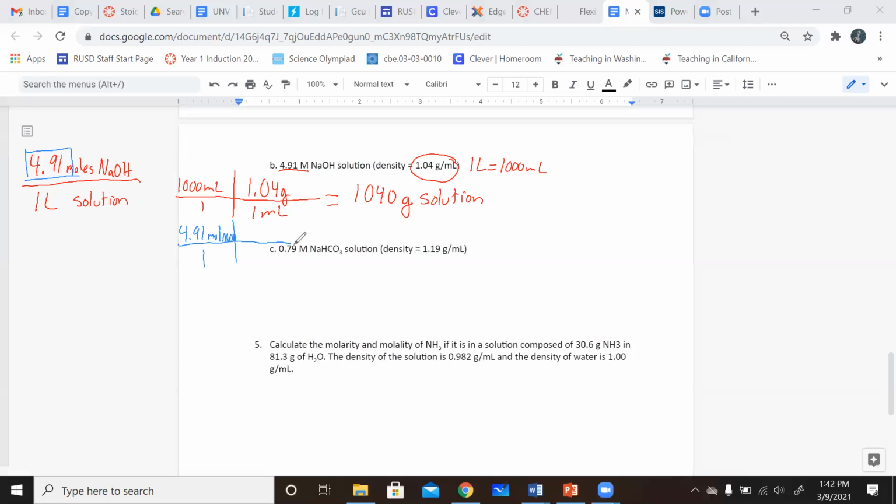over 1. We get our molar mass from the periodic table, which if we consult that, it's going to be 39.9969.